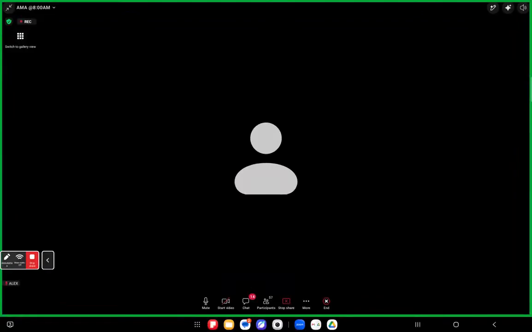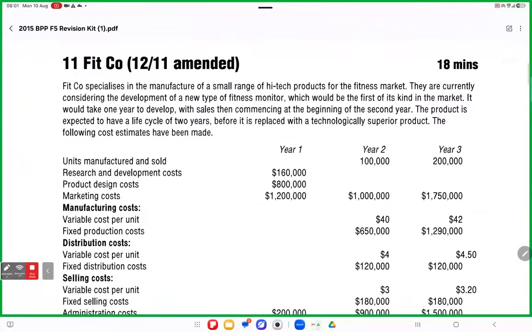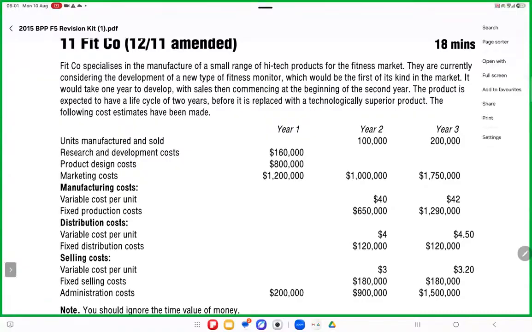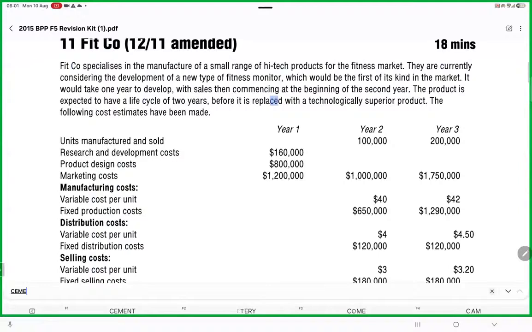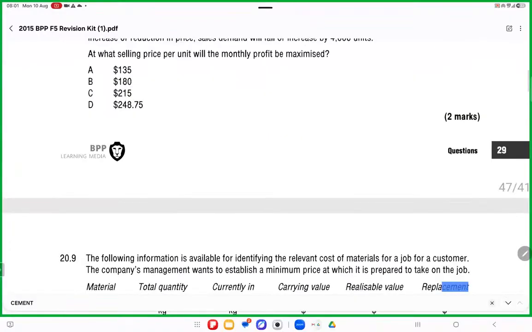So here we are. We are looking at this question, if you remember very well, of the cement company. This we did, cement company. You can search for it. It's in one of the MOOCs, cement company.